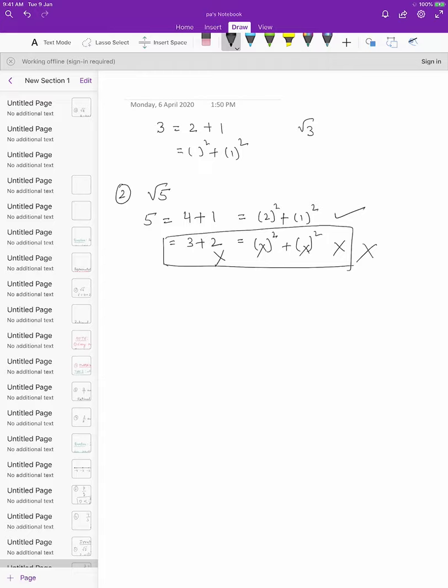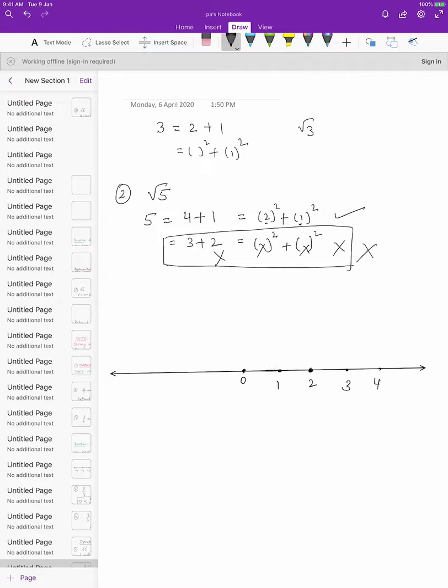So now we are going to concentrate on these two numbers, 2 and 1. So on the number line, we will first mark the numbers 0, 1, 2, 3 and so on. Now I have to take 2 units on the number line from here till here.